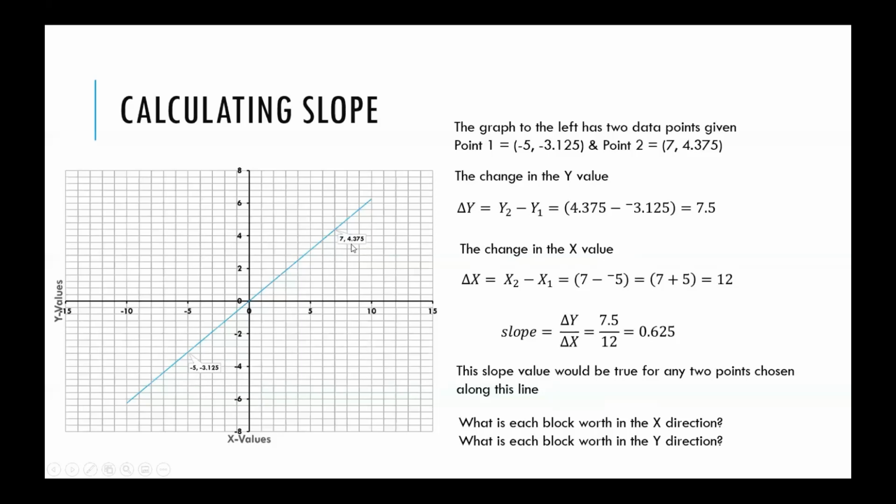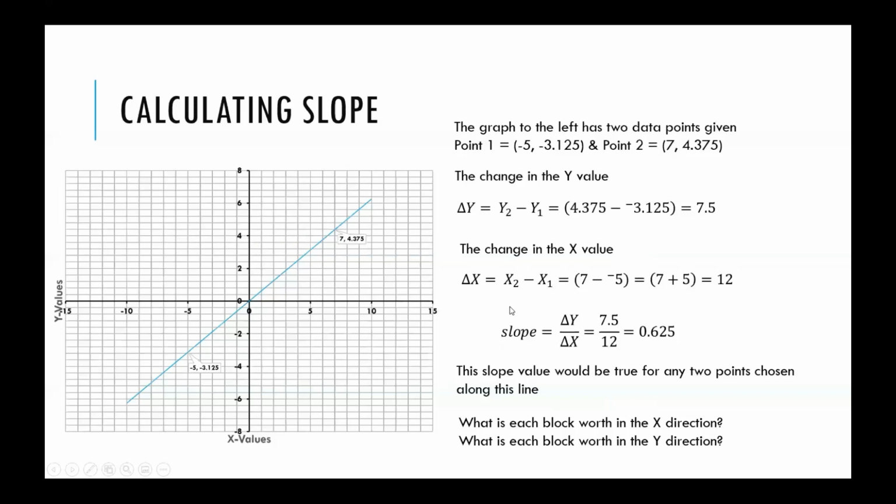So 4.375 minus -3.125. That is a difference of 7.5. It is 7.5 units from this point all the way up to this line right here.